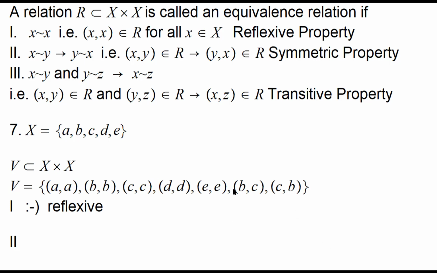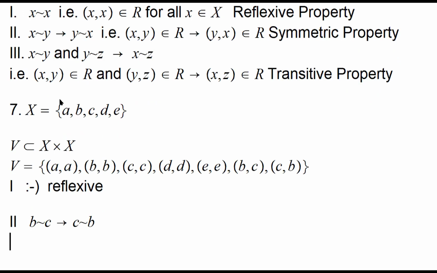So you have that B is related to C, and if B is related to C, then we can see that C is related to B as well.